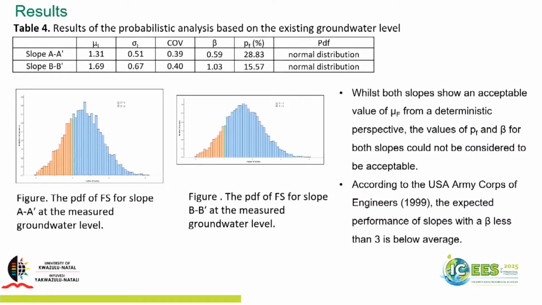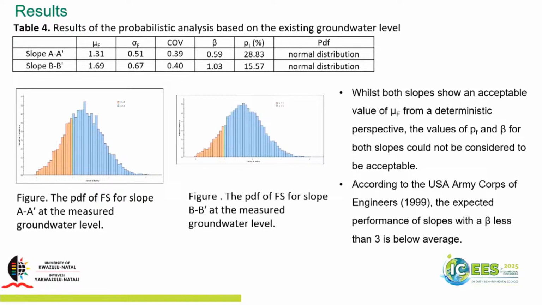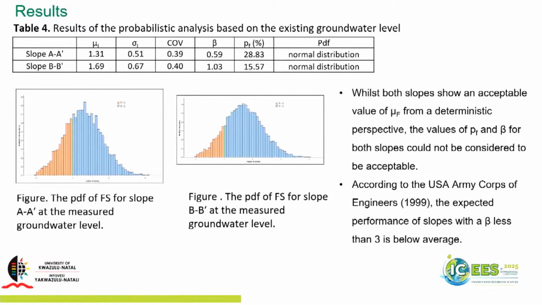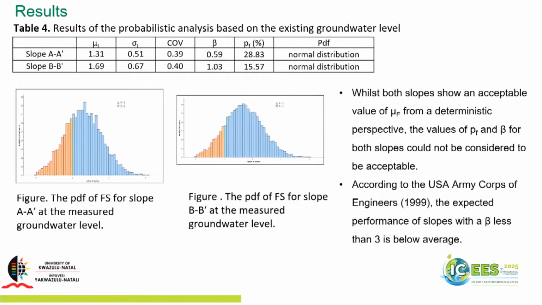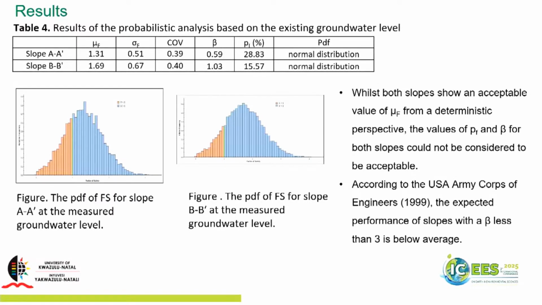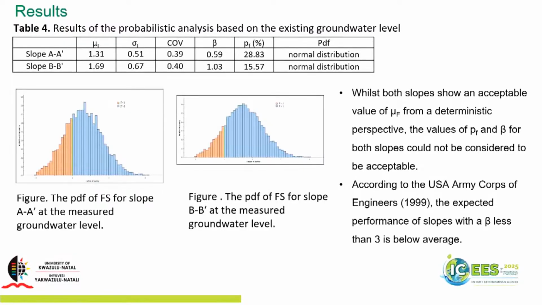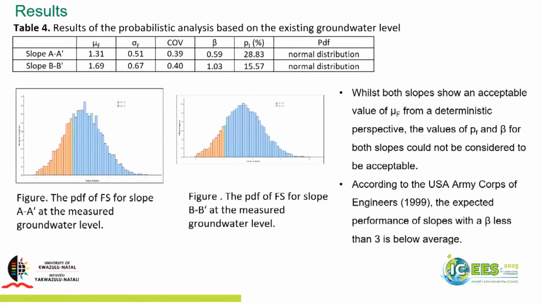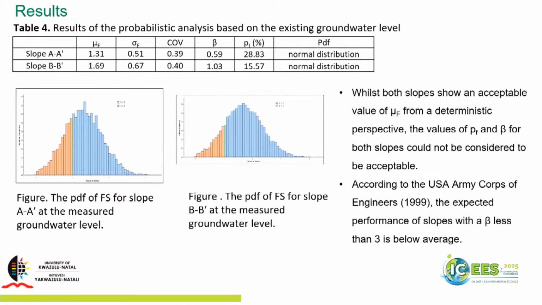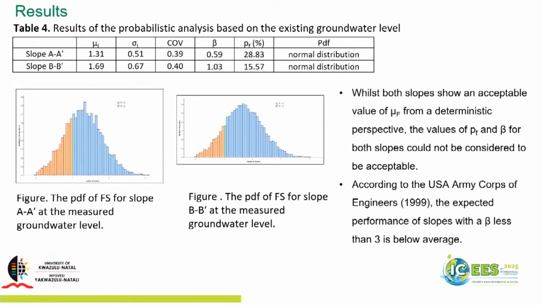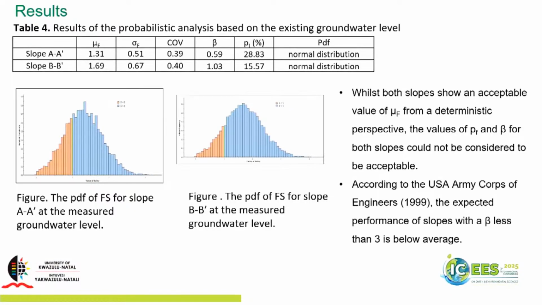From the probabilistic analysis for both slopes AA and BB, based on the average shear strength parameters, we get the mean values, which are identical to those from the deterministic analysis, but moreover, we have the standard deviation, the coefficient of variation, and the reliability index, coupled with the probability of failure.